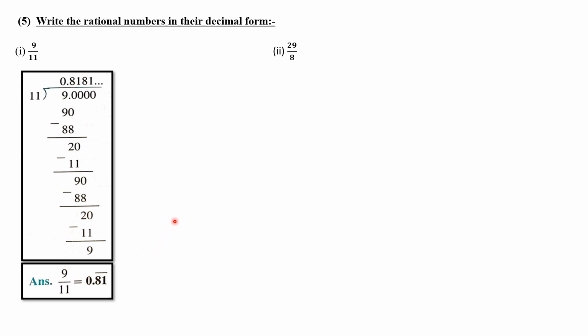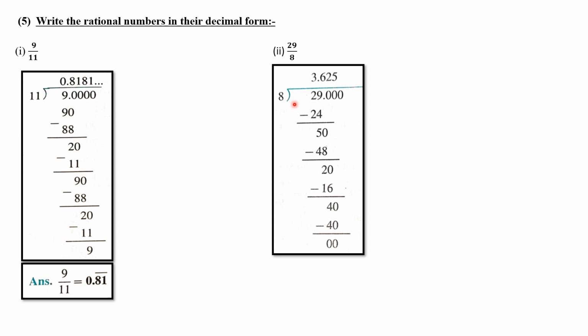Now let's move to our next, that is 29 upon 8. So we'll divide. So 8 outside is the divisor, 29 is the dividend. Now you'll divide. So 8 threes are 24. So 29 minus 24, remainder is 5. So now put the decimal point in the quotient part. Bring the 0 down, so it will become 50.